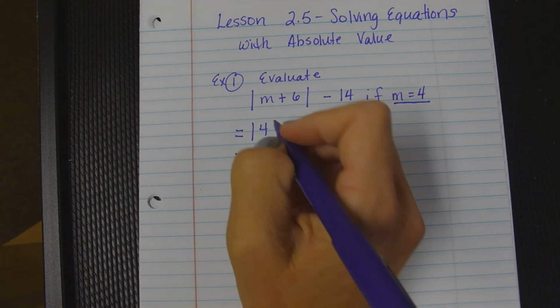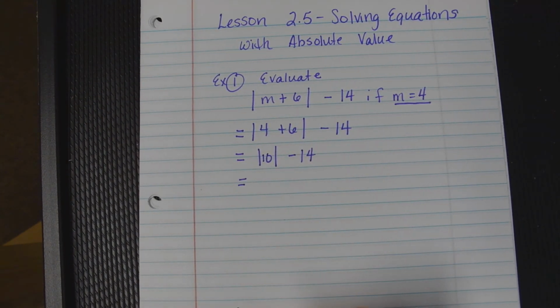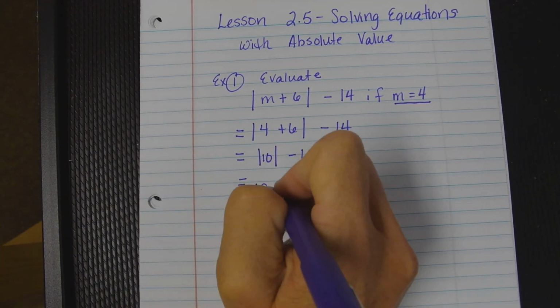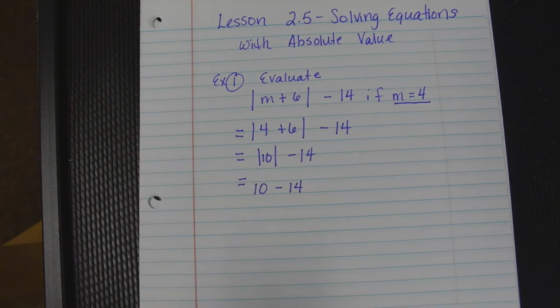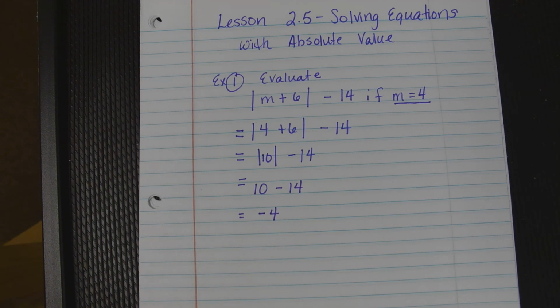Absolute value of 10 minus 14. Absolute value of positive 10 is simply positive 10. Yep, there you go. 10 minus 14, and your answer here is negative 4.